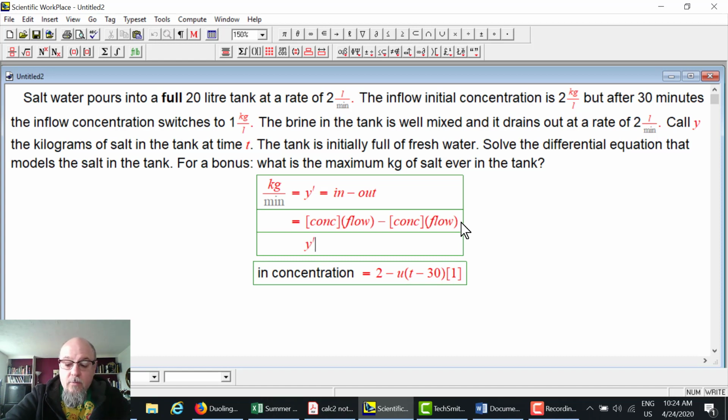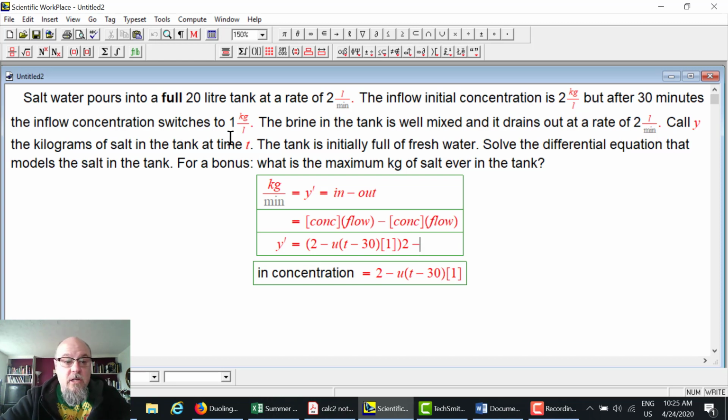So I got y prime equals, this in concentration then is this expression. Put that in brackets. And I want to multiply, so this is kilograms per liter. I want to multiply this by liters per minute. It's a constant 2 liters per minute.